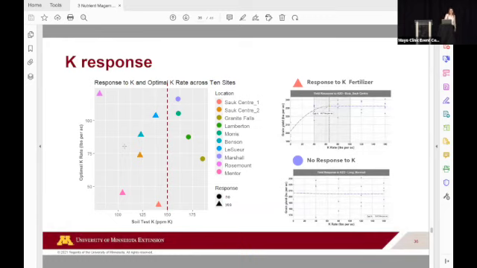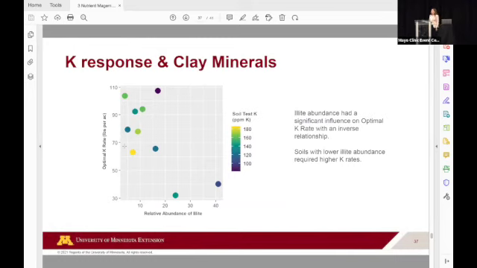So we looked at different minerals and saw if they have any significant relationship with optimal K rate. And illite did have a significant relationship when we ran the statistics. It showed that soils with lower illite abundances required higher potassium applications.